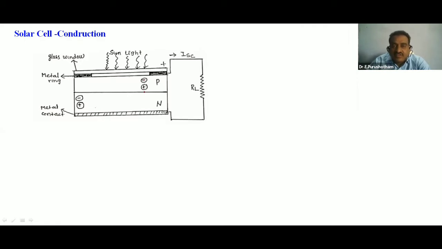Due to this electron and hole pair flow, some current is constituted. That current is called photocurrent. This PN junction diode is called a solar cell. That is a very important concept.